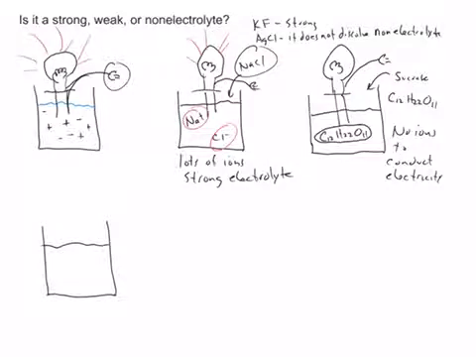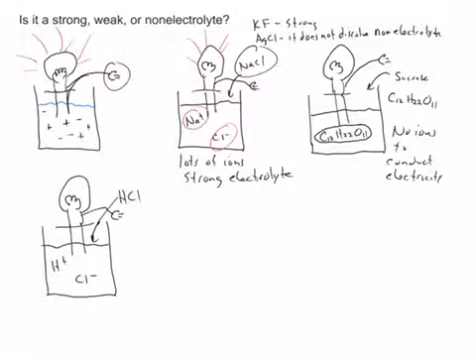Okay, so other things other than salts. What happens if we put an acid into water? What do acids do? How do they dissolve? Well, when you put an acid like HCl into the water, it actually dissolves as ions. That's the unique thing about acids.